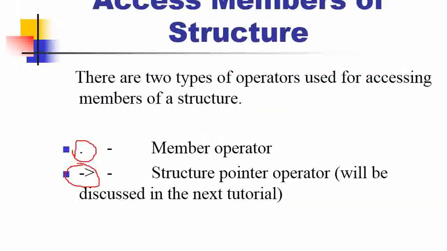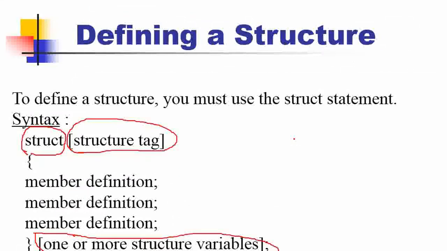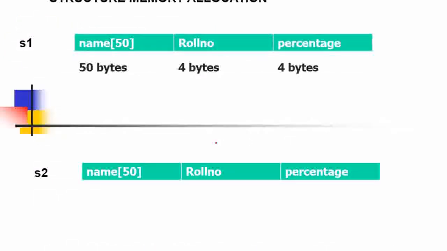You see, here we have defined s1 and s2, two structure variables. This I have written as 32.